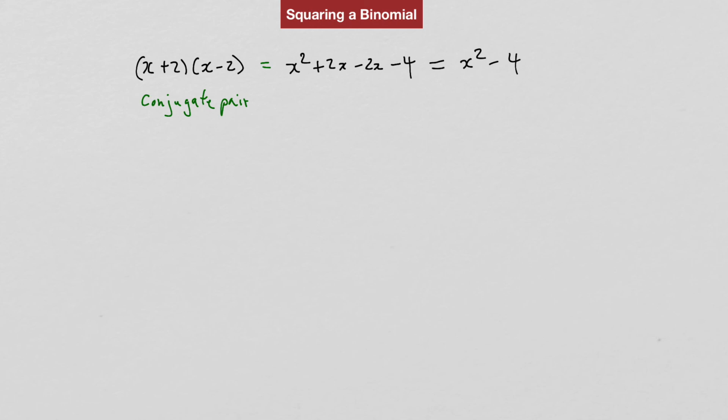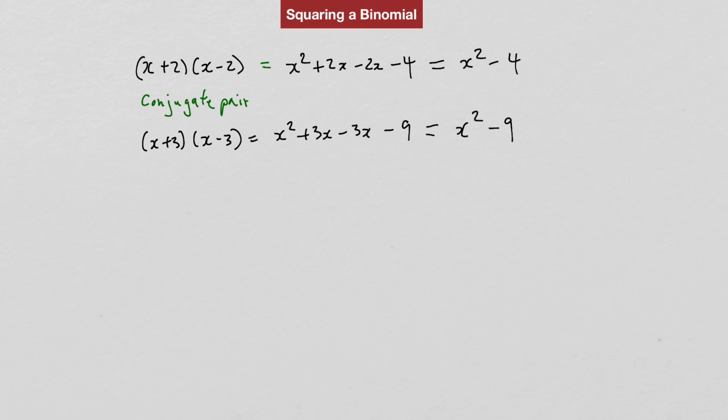Hopefully you're starting to see a pattern, but let's just do one more. X plus 3 times x minus 3. That is equal to x squared plus 3x minus 3x minus 9. And that simplifies to x squared minus 9. Do you see a pattern here?